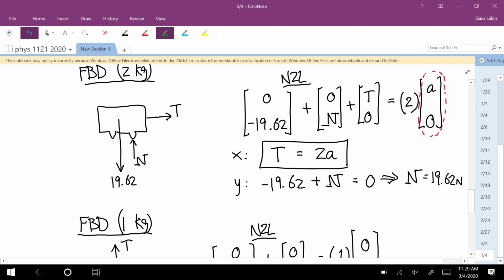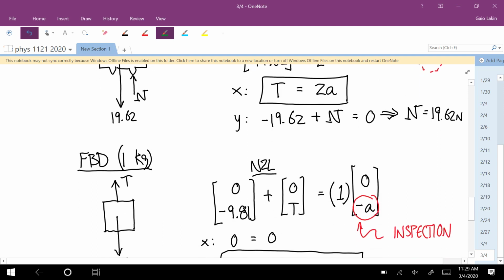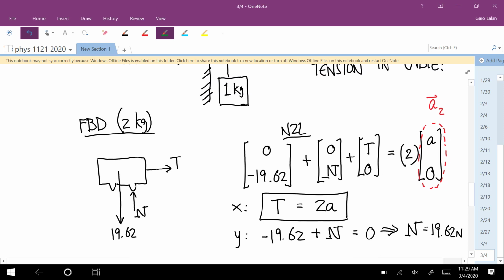What do you think would happen if we did this problem again, but first we isolated this one, and when we figured out the acceleration, we just said it's going to move up or down, so we're going to call that A0. Are you with me on that? We didn't call this A0 necessarily because we knew it was going to accelerate in the positive X. We called it that because all we ever do is choose between X and Y, and the sign is going to work out for itself.